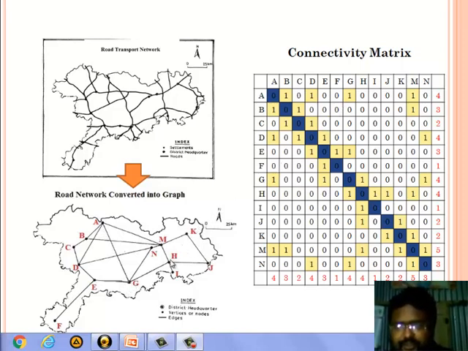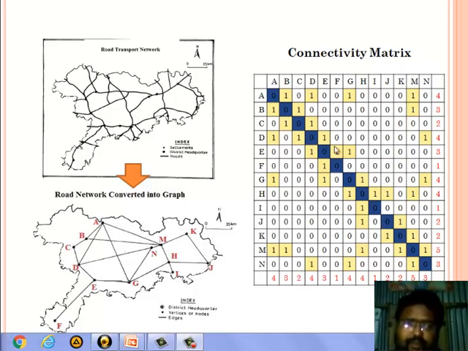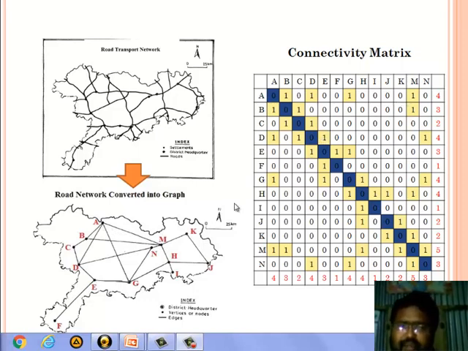H is not directly connected with A. I is not directly connected with A, J is not directly connected with A, K is not directly connected with A, therefore the values are 0, 0, 0, 0. Look here, M is directly connected with A, therefore the value is 1. N is not directly connected, therefore the value is 0.